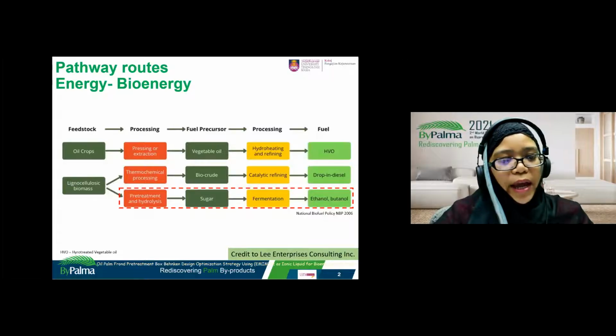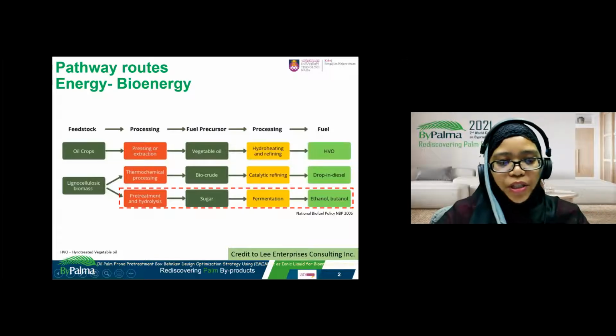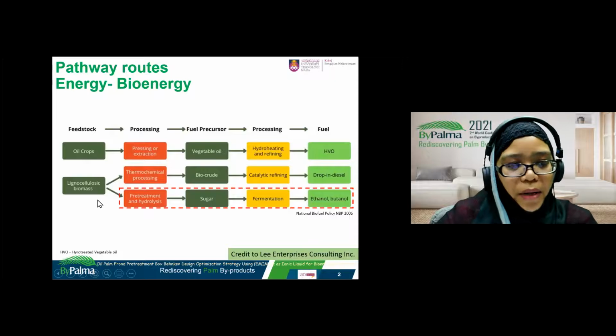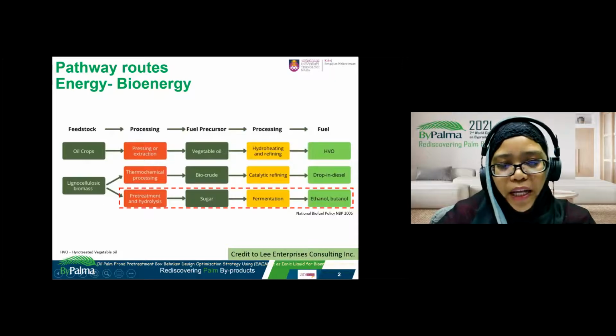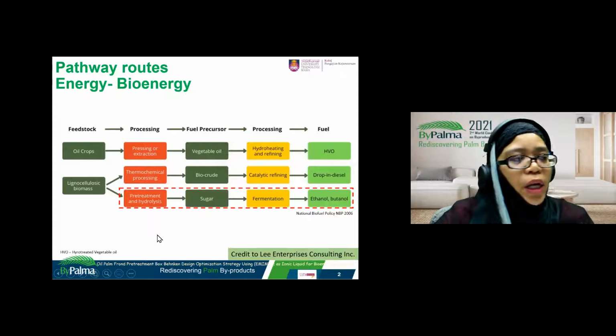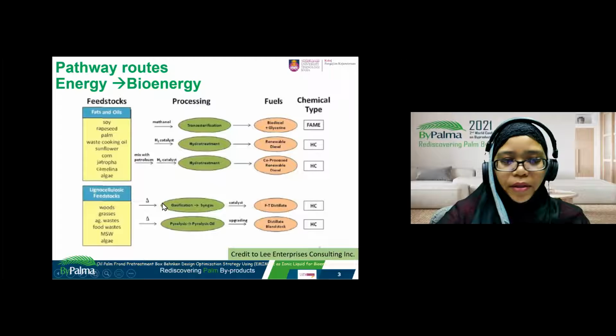In other words, I would say LCB, in producing different kinds of fuel, for example, the HVO, the hydrotreated vegetable oil, or the renewable diesel, the drop-in diesel. And if it's coming from the lignocellulosic biomass, producing the ethanol or butanol, we could call it bioethanol or butanol. So what we would like to see today is what happens in the pretreatment itself.